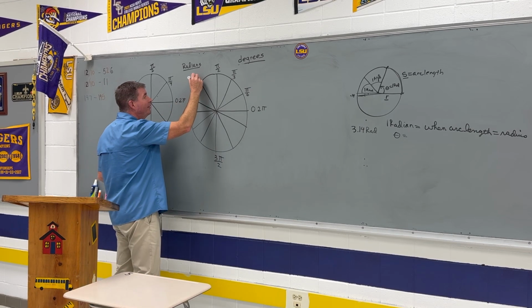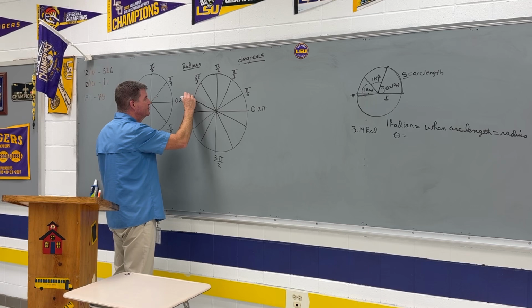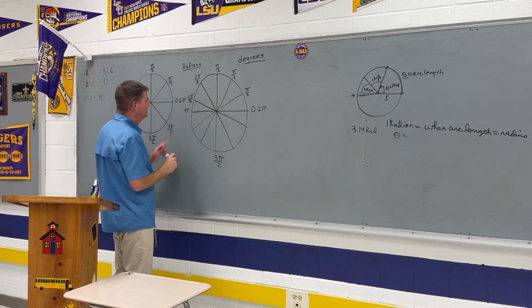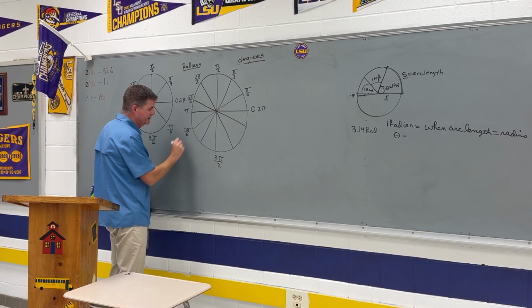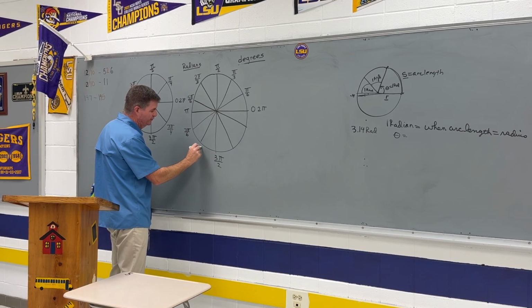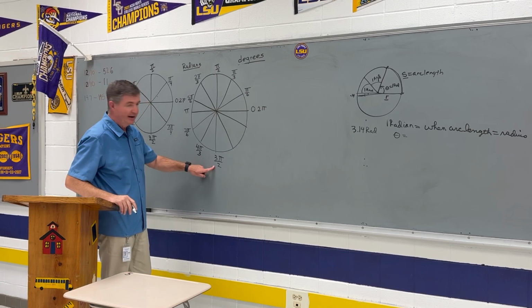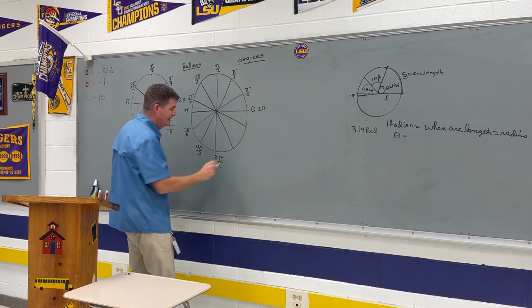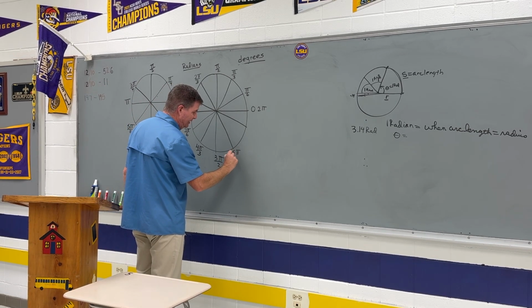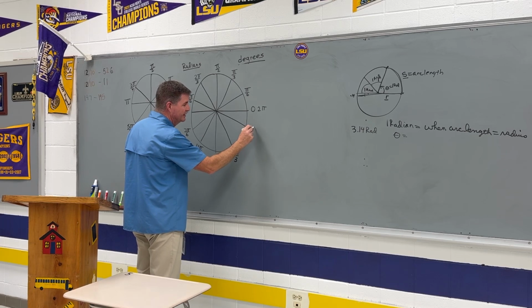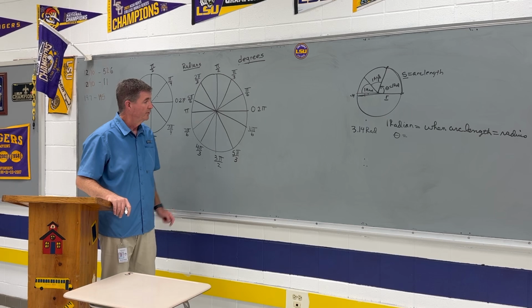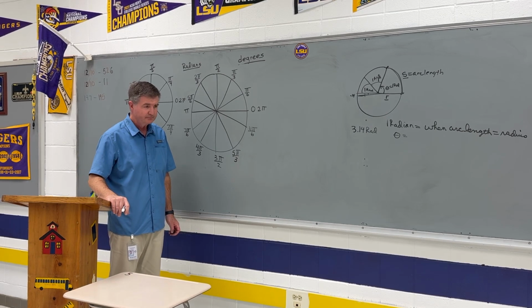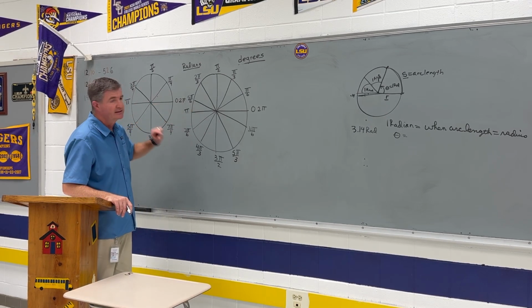I have 4 pi over 6, which is 2 pi over 3. 5 pi over 6, which is 5 pi over 6. 6 pi over 6, which is pi. 7 pi over 6. 8 pi over 6, which is 4 pi over 3. 9 pi over 6, which is 3 pi over 2. 10 pi over 6, which is 5 pi over 3. And 11 pi over 6, bringing us back to 12 pi over 6, which is 1 complete circle.